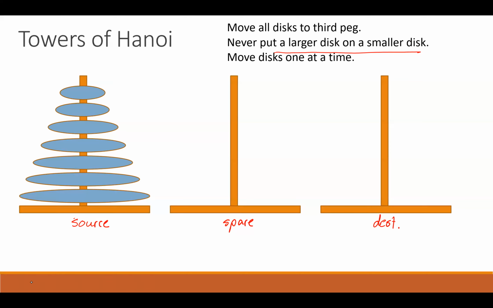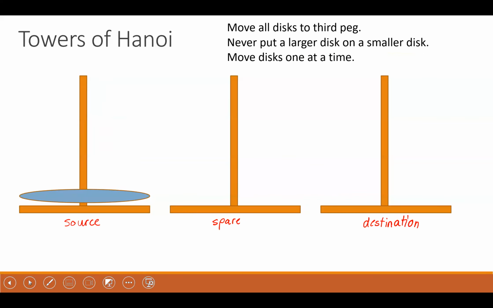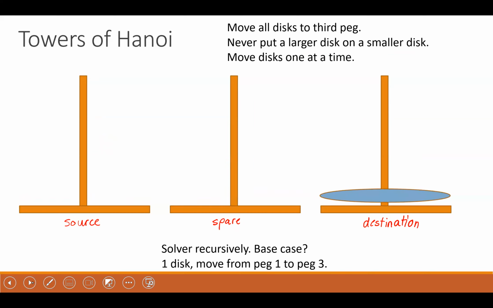So again, if we want to solve this recursively, we need to be able to solve the base case. Well, the base case is pretty easy. I want to move some single disk from a source to a destination. I have one spare peg, but I don't really need it in this case. I can just move this straight from the source to the destination, and I'm done.